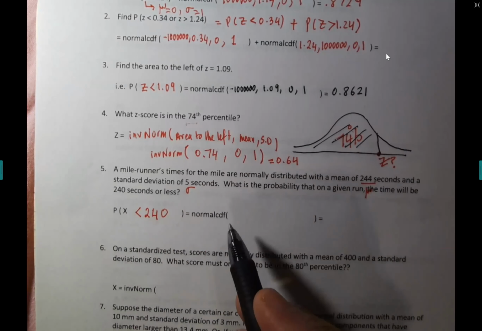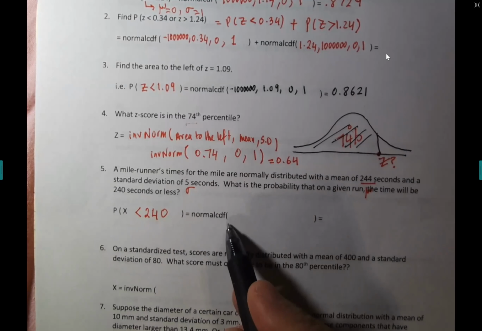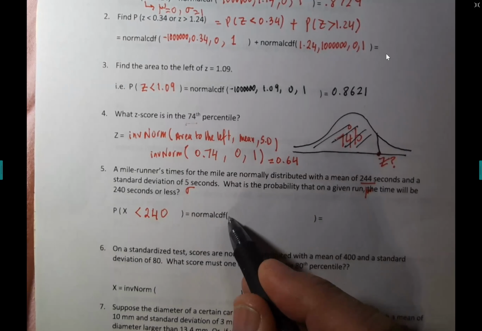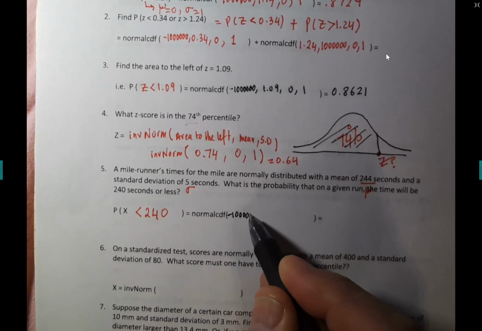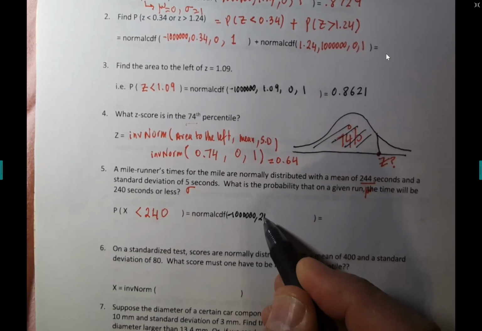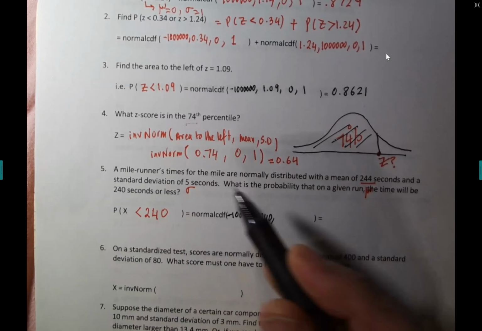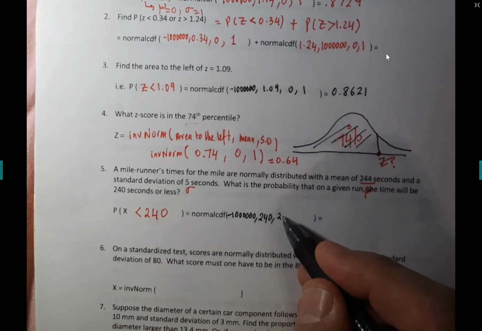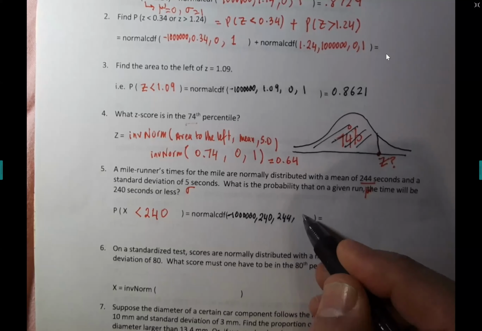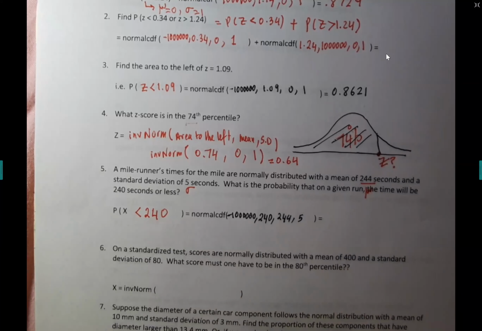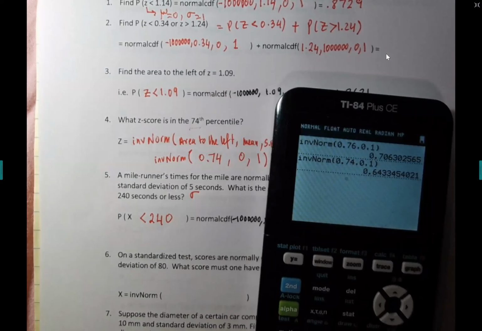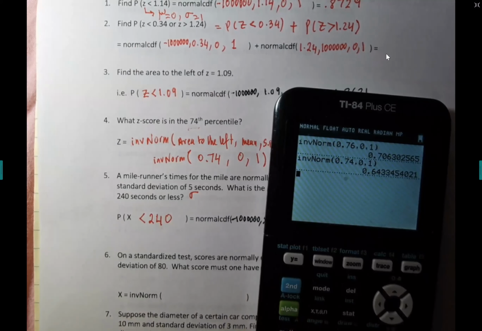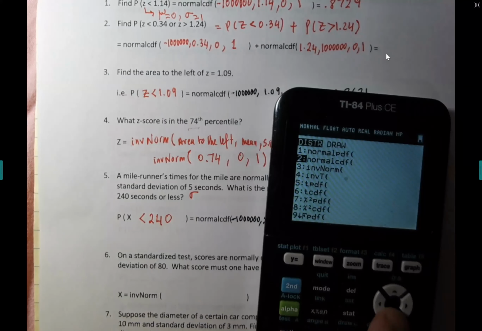Can someone tell me what's the lower bound? Negative 1,000,000. Then 240, then the mean. Don't put 0, 1 here. It's about x, not z. And then 5. That's it.